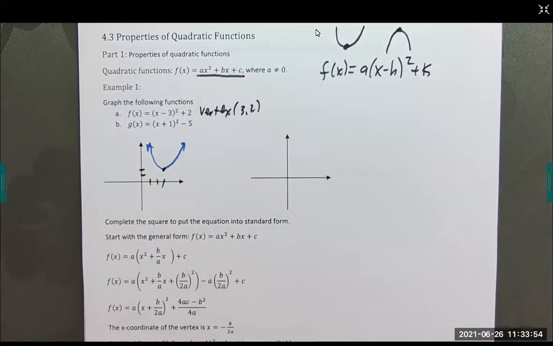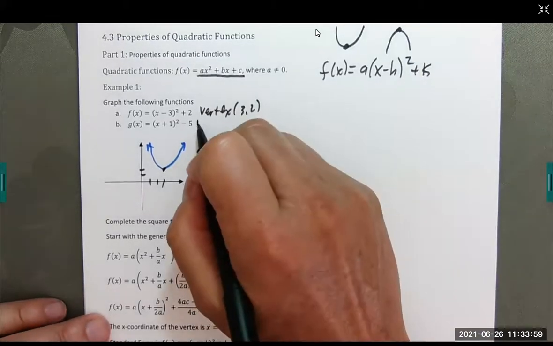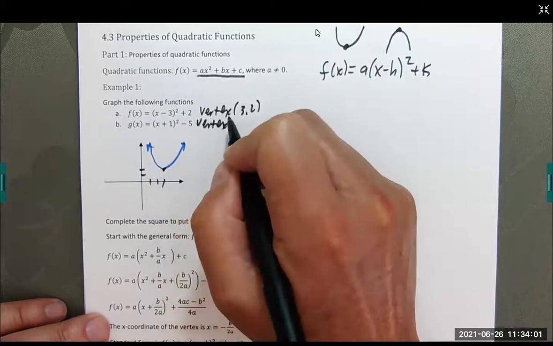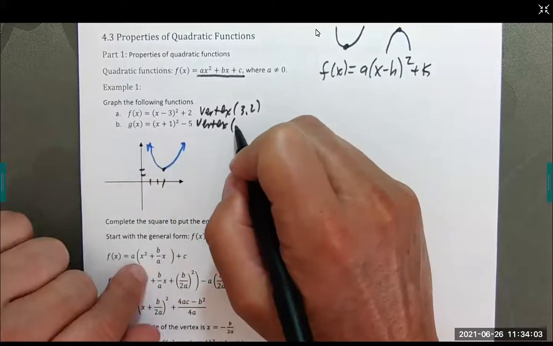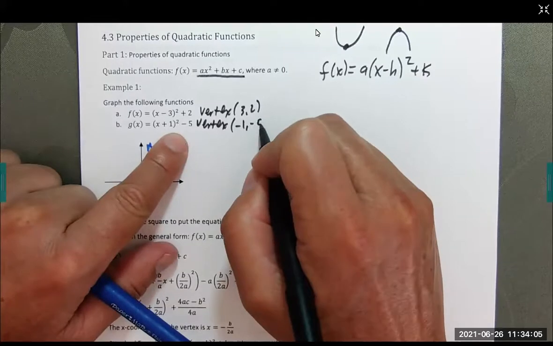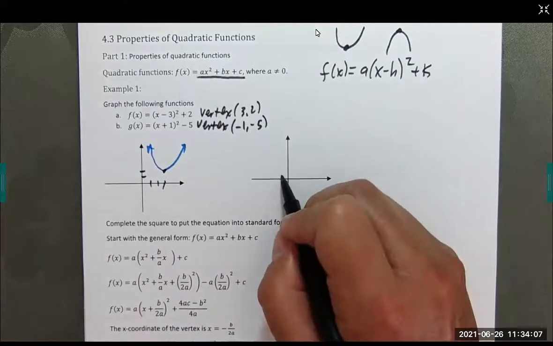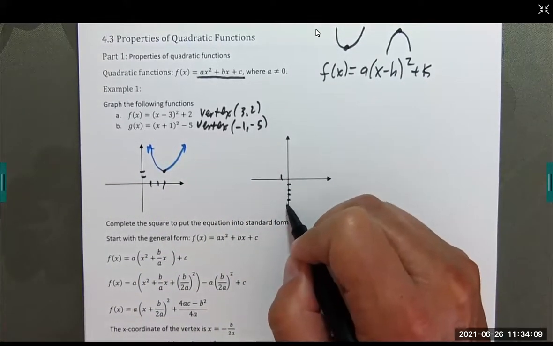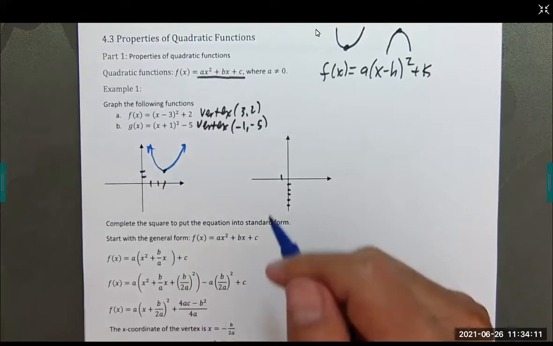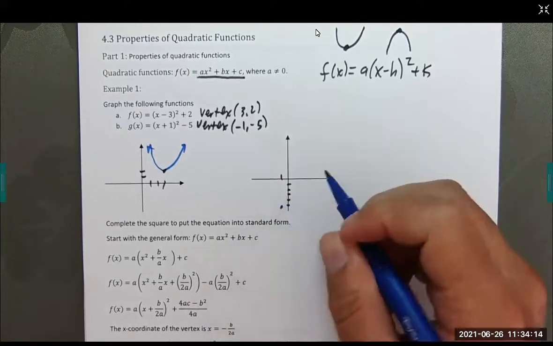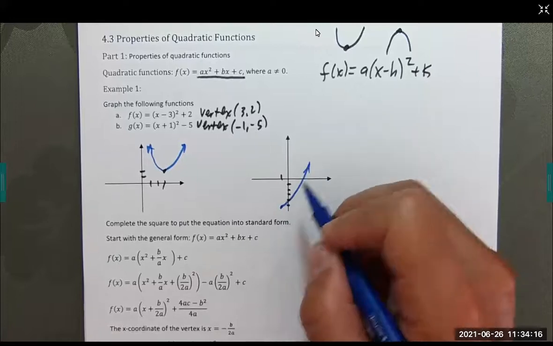Look something like that. For this one, the vertex is at, again, opposite sign, (-1, -5). So that one's going to be here, -1, 1, 2, 3, 4, 5. So the vertex is down here. Something like this.